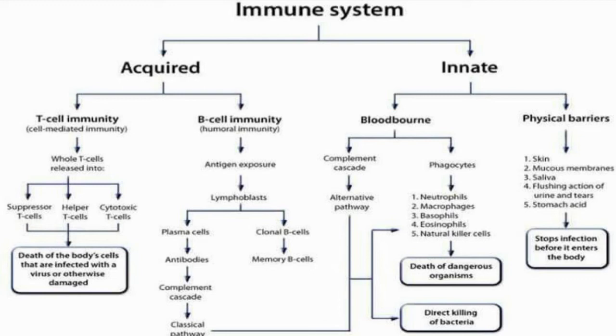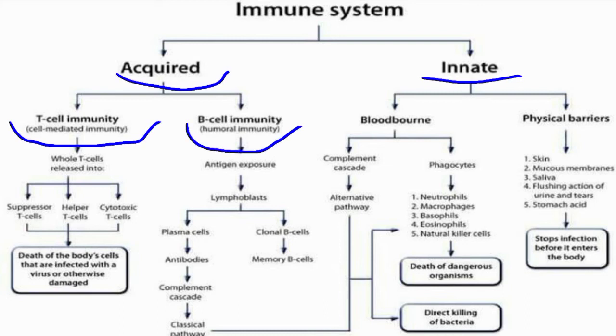I told you that in the immune system we have two types: the innate immunity and the acquired immunity. On the acquired immunity, you have the T cell immunity and the B cell immunity, also called the cell mediated for the T cell, and the humoral for the B cell. So we come to the innate.